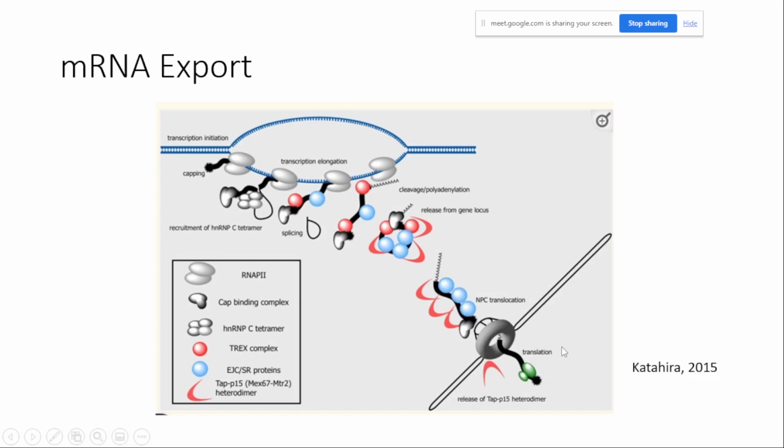So that's why the release of the mRNA from the nucleus to the cytoplasm will be possible. Also for mRNA, you need to have recruitment of the mRNA export receptor, which is MEX67-MTR2. So here also you need to take help of a transporter to get out of the nucleus.